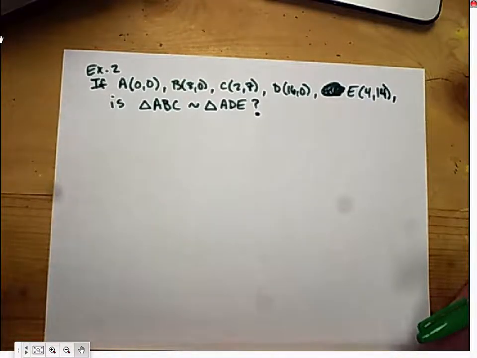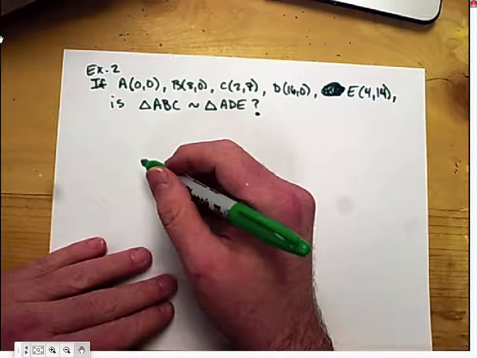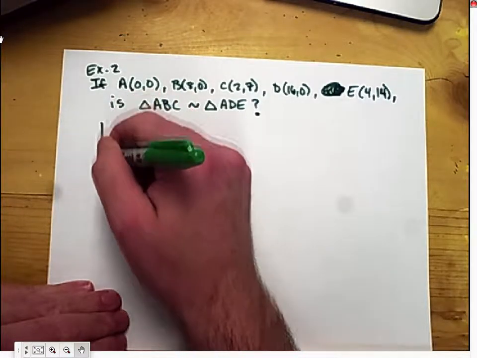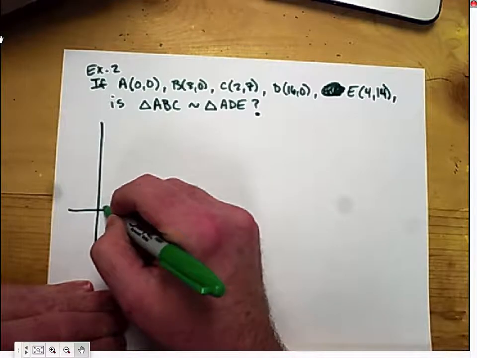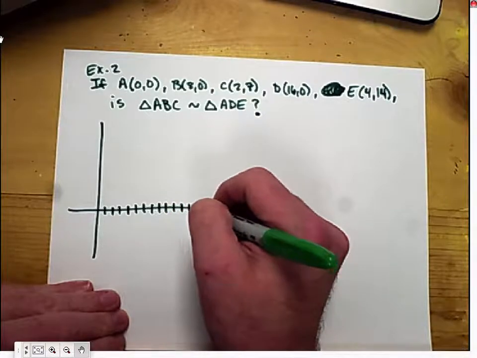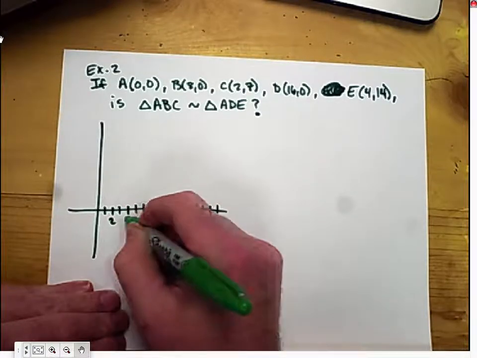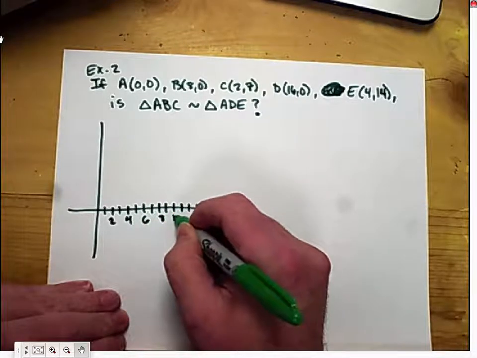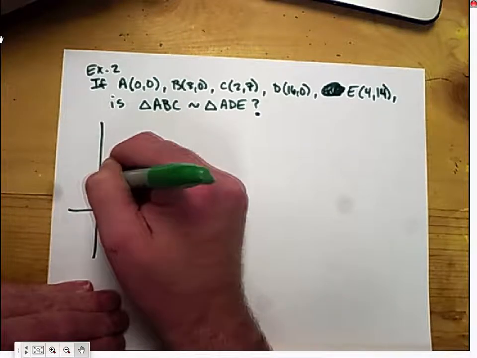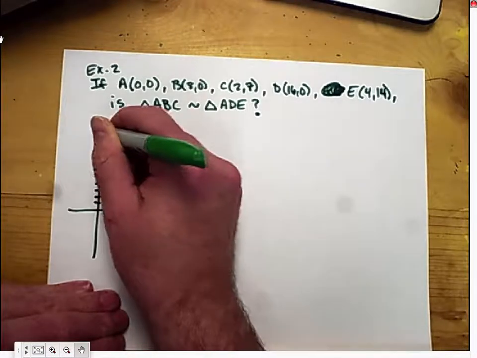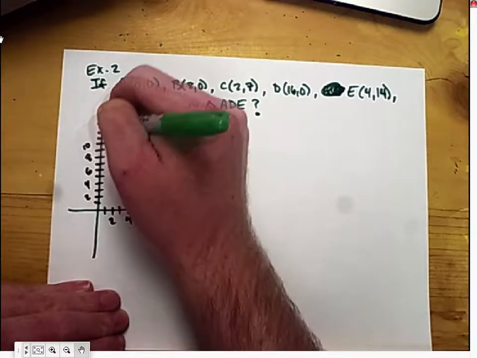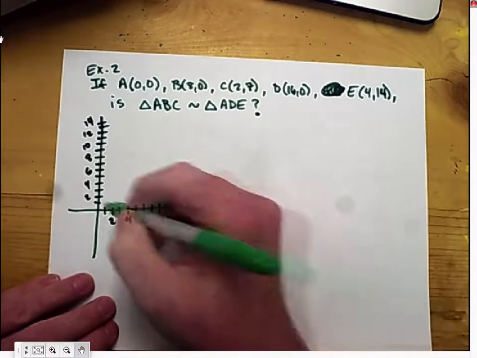Okay. Well, let's look at what we have. So A is 0, 0.